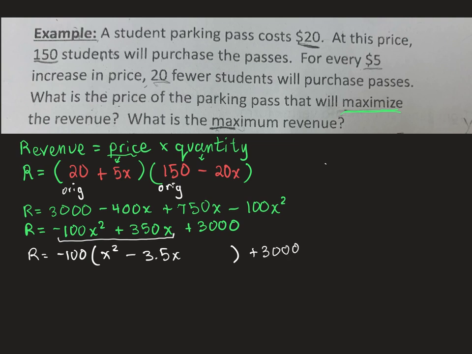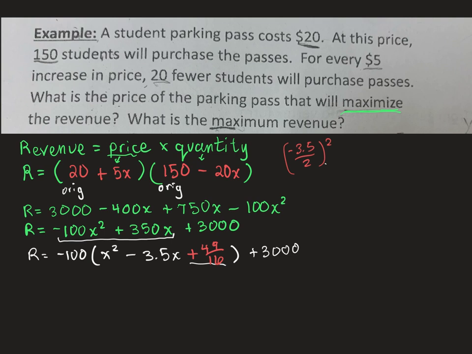And now to get that missing number right there, so that when we factor this, we get a perfect square binomial, we would take negative 3.5 divided by 2 and then square it. And we get kind of an ugly decimal. I'm getting 3.0625. It does end and terminate, so we could write that in there, or we could use the fraction. And I think I might use the fraction, so it would be plus 49 over 16.